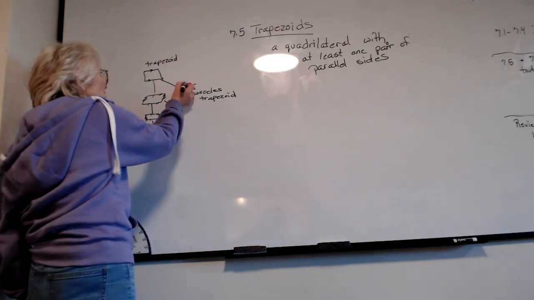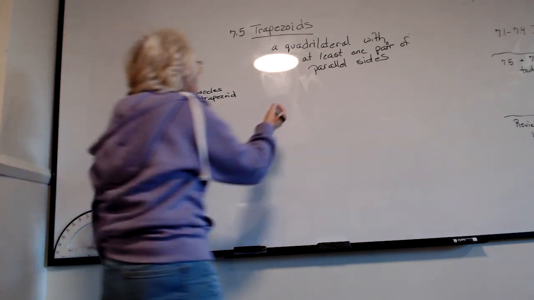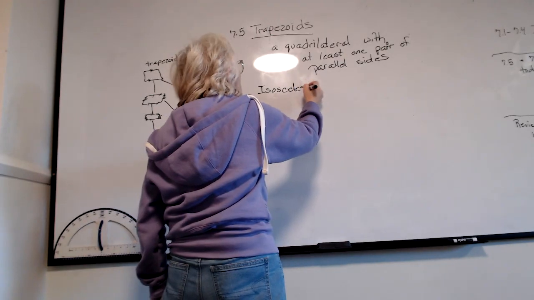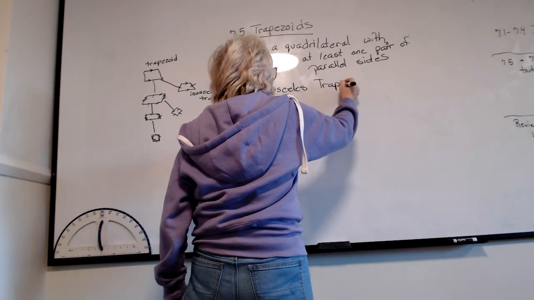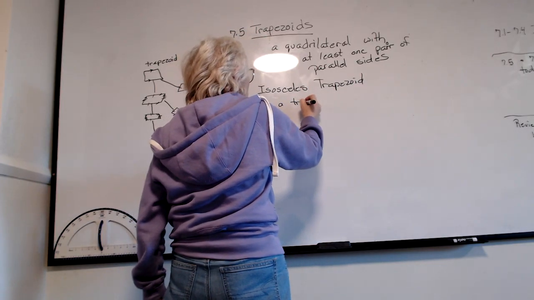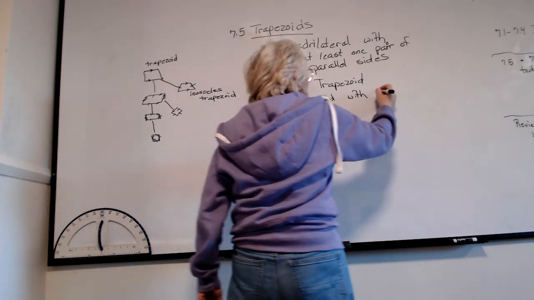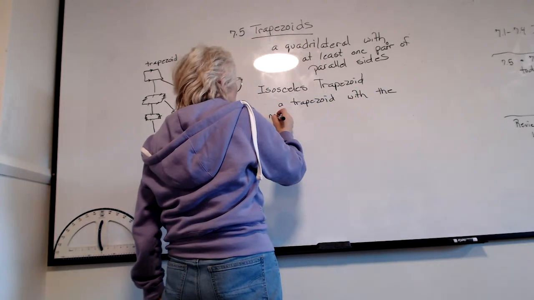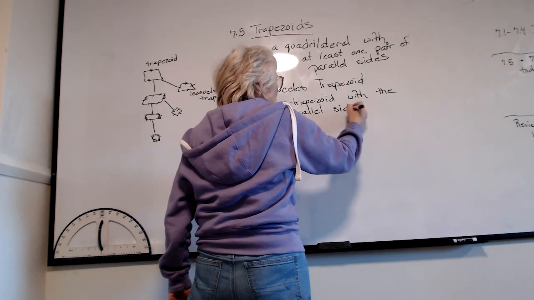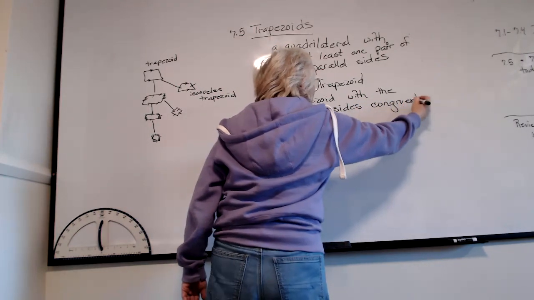So the two sides are parallel, and the sides that are not parallel are congruent, or equal if you want to go with that.